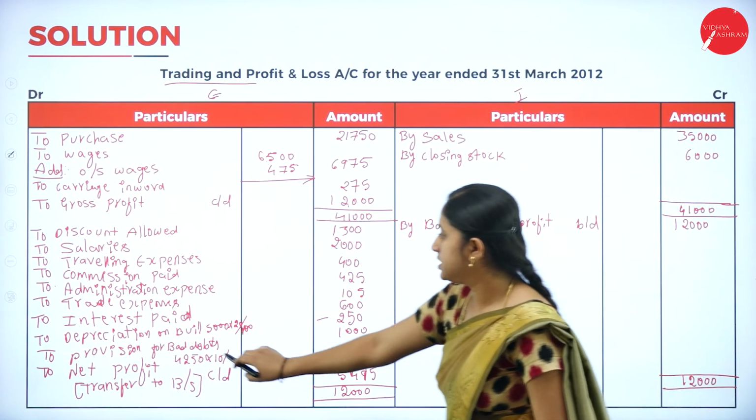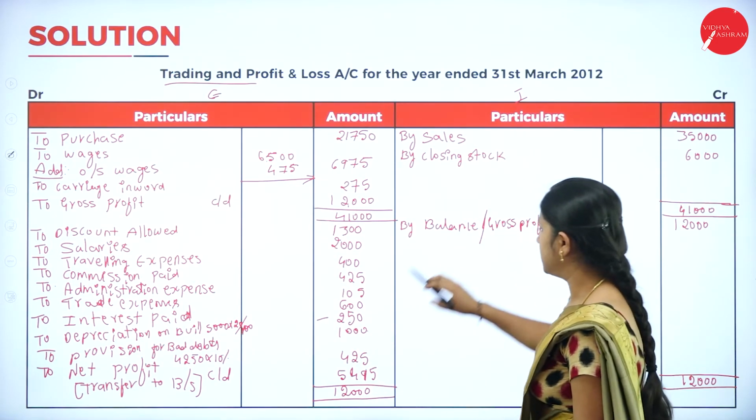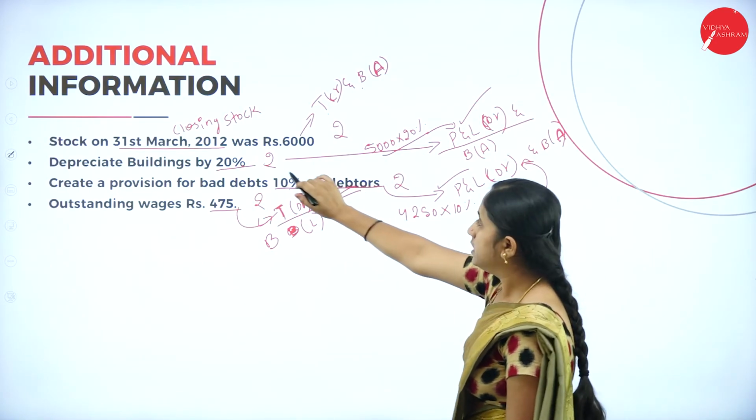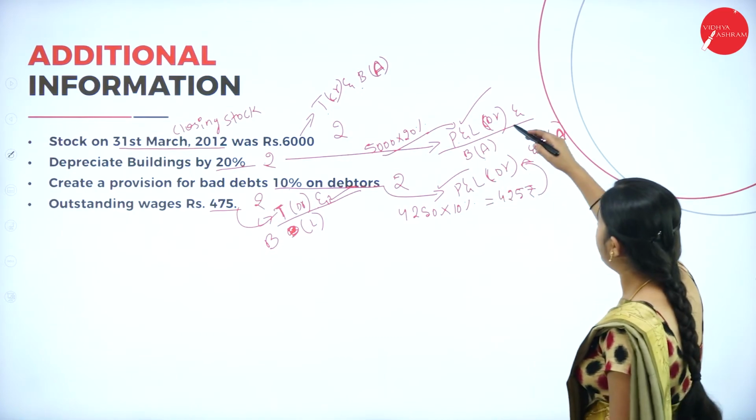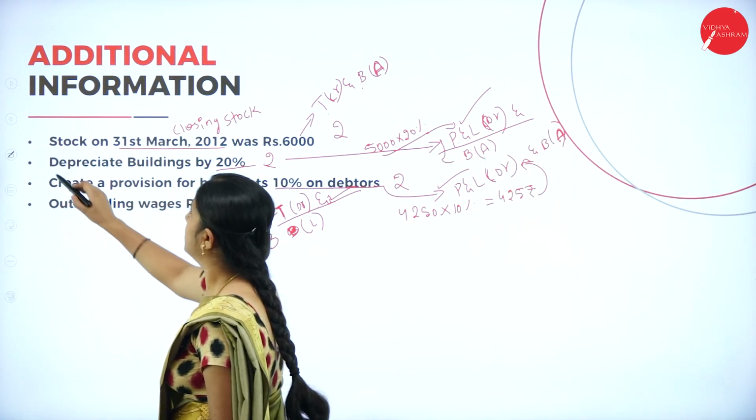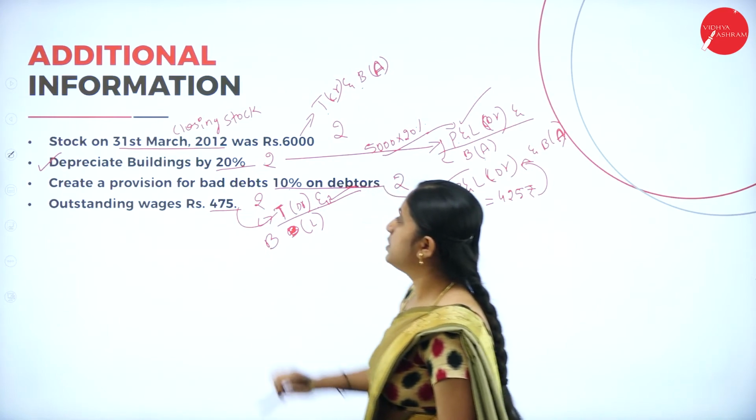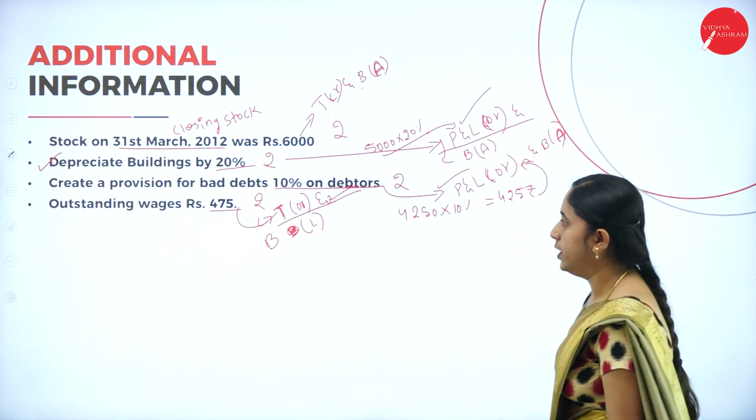Depreciation on building is 1,000. Depreciation is considered once in the P&L account and once in the balance sheet, so treated twice. This depreciation adjustment is over.